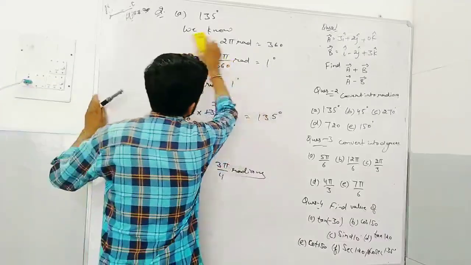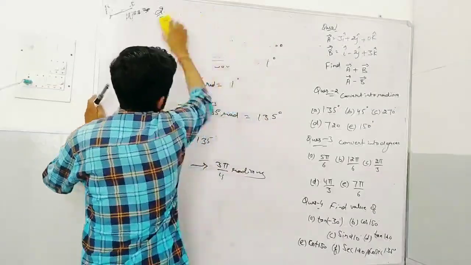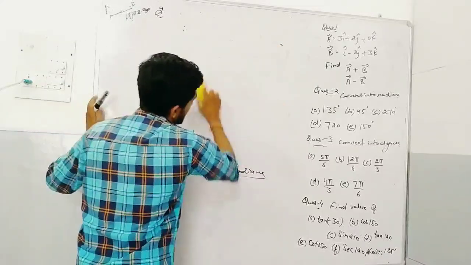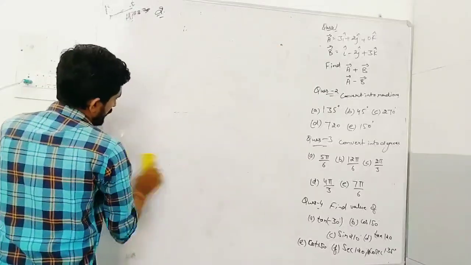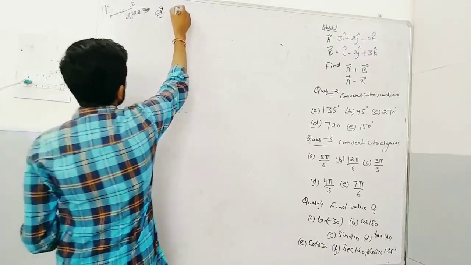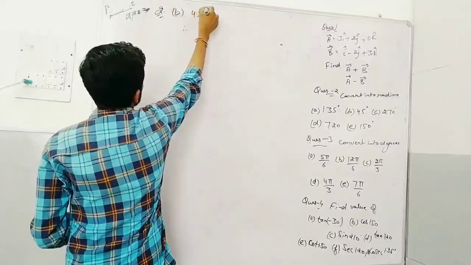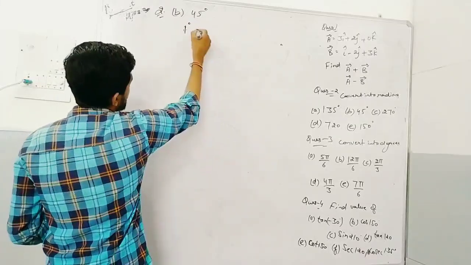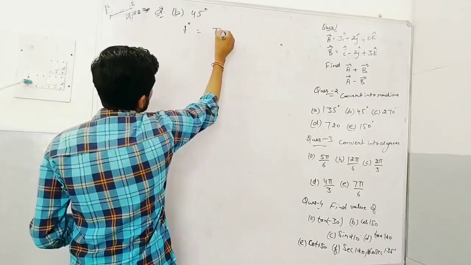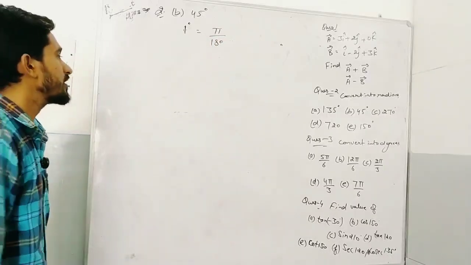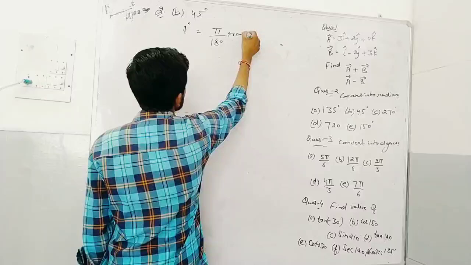Now for 45 degrees, the B part, in a similar way. In the previous part we calculated that 1 degree is equal to pi upon 180 radians.